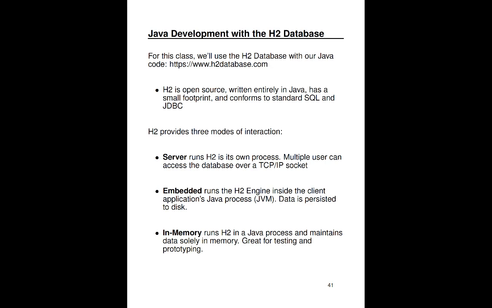H2 also supports something called in-memory mode, where the H2 engine is running, but instead of persisting data to disk, it just keeps it in memory, which is super convenient for writing tests. So, as your tests execute, they all work against data that's in memory. When the tests complete, when the program goes away, so does all the data. There's nothing to clean up afterwards. So we'll be using that for our unit tests in the course.